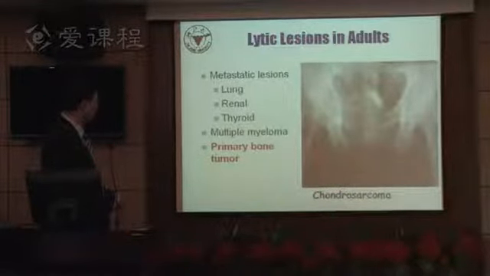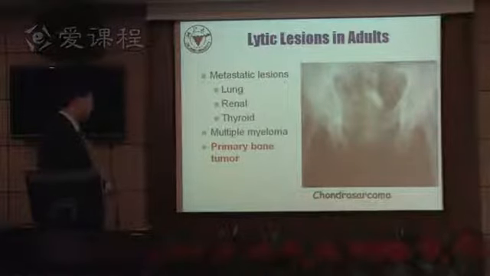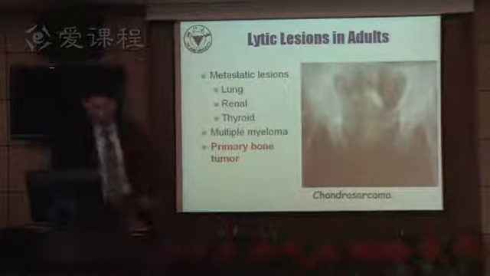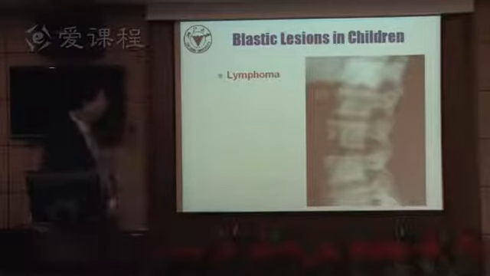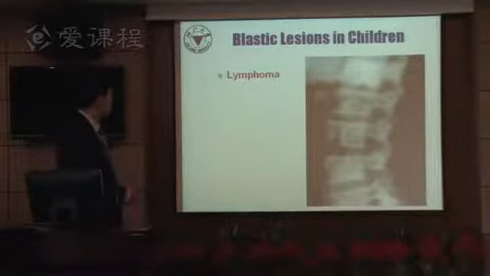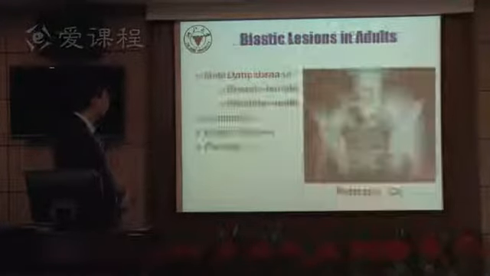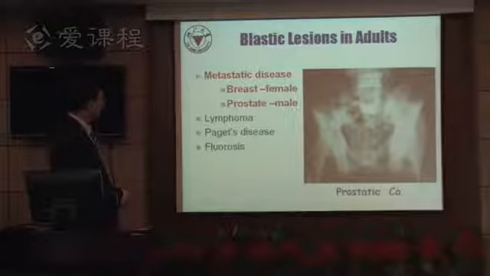And this shows another lytic lesion in adults. This patient has a primary bone tumor. This was a chondrosarcoma. We have another kind of lesion, for example, the blastic lesions. It can happen in children. Yes, lymphoma causes blastic lesions in the spine. And this picture was prostate carcinoma.